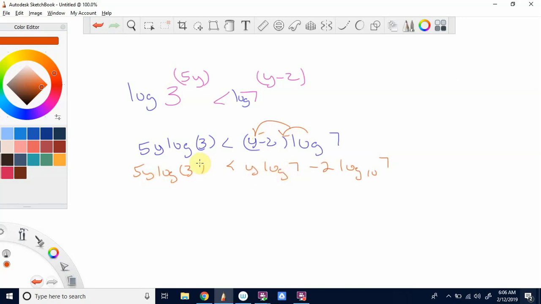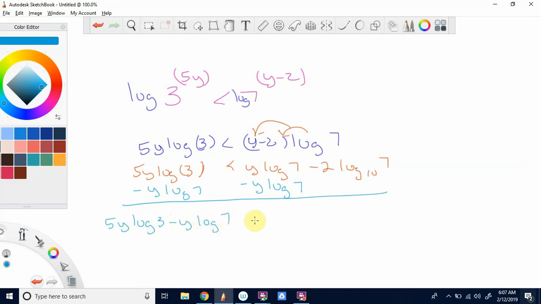So I'm going to move this to the other side. So I'm going to subtract y log base 10 of 7 from both sides. Okay, they're not equal terms, so I just have two terms. 5y log base 10 of 3 minus y log base 10 of 7 is less than negative 2 log base 10 of 7. I'm just using algebra. I just have crazy terms, that's all.